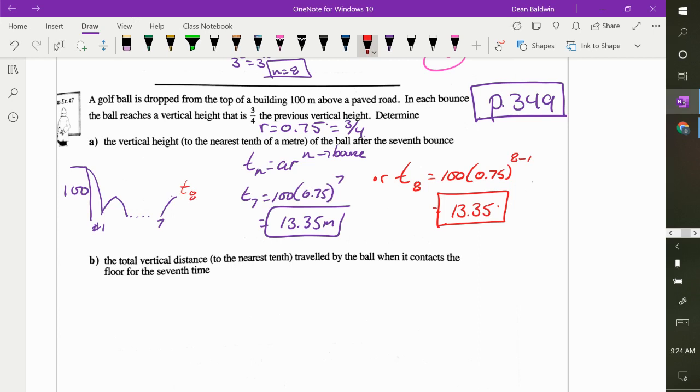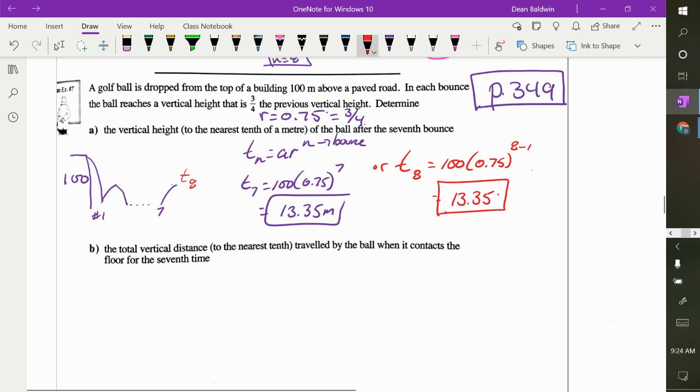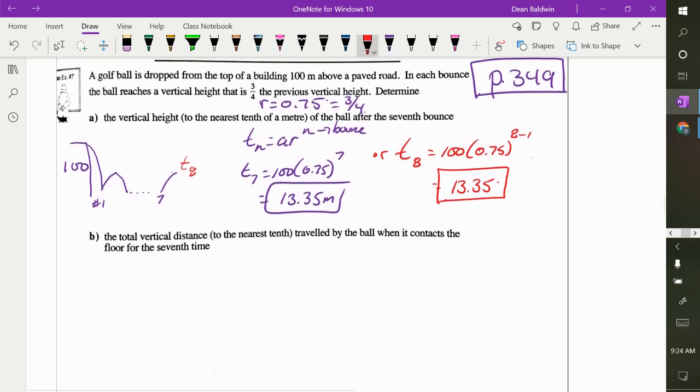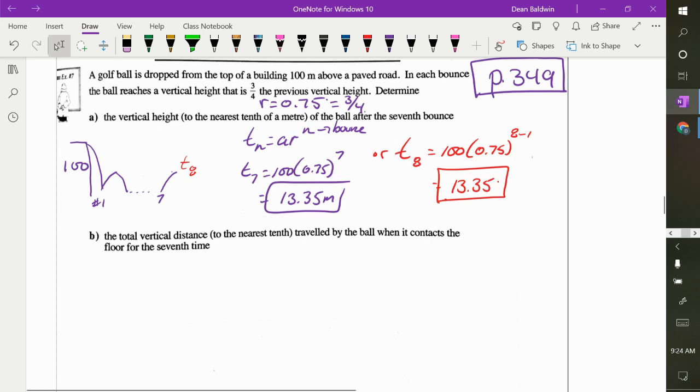So then if you use the ARN-1, it would be this formula. But it gives you the same number. All right. Is that okay? 13.35? Yes.